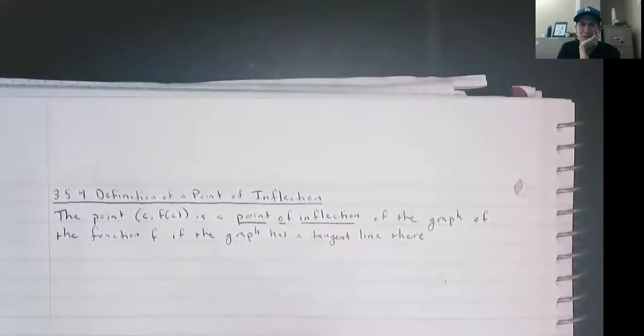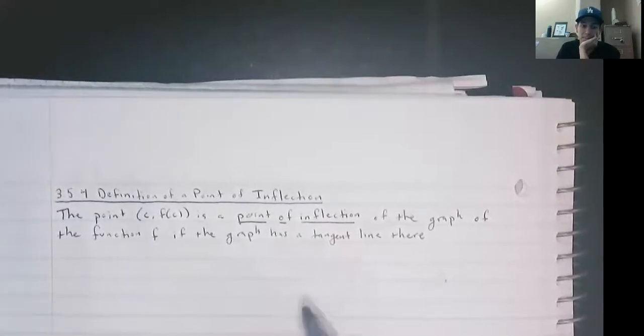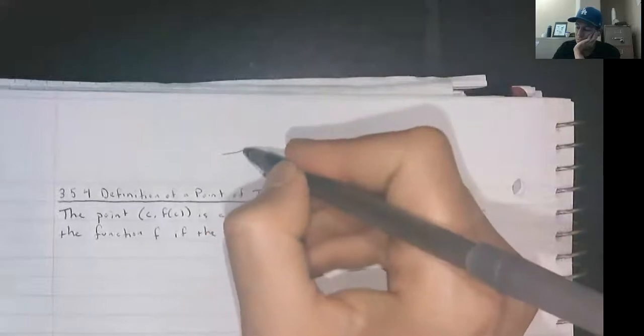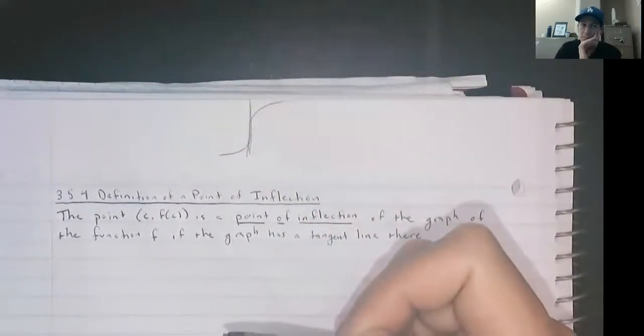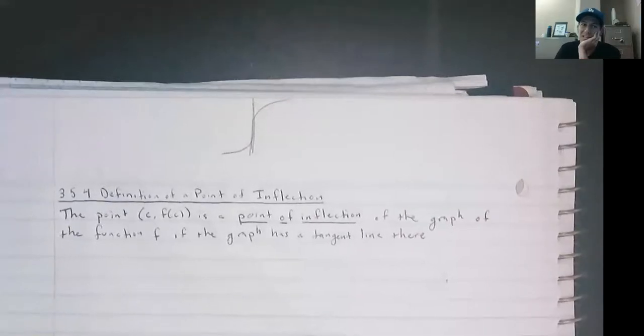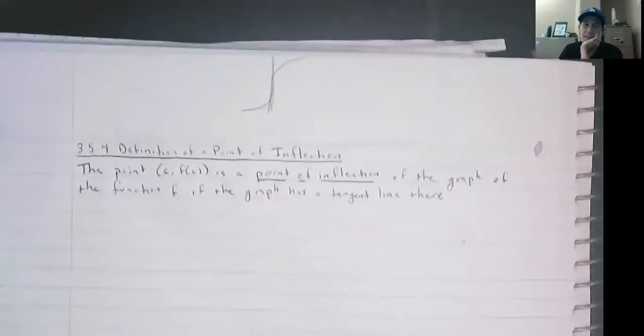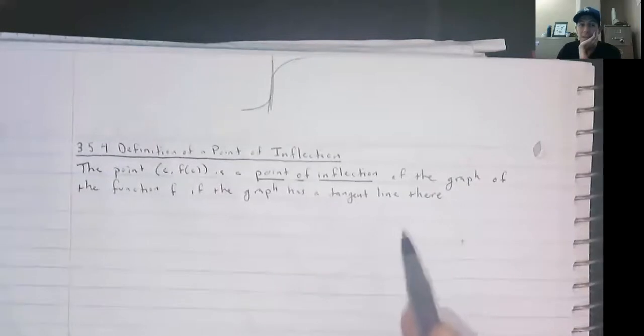What, Mr. Smith, you're talking crazy? No, I'm not. Oh, you dirty dog. The vertical tangent line. There's a tangent line there, but it's not differentiable. Just keep that in mind, it might come back. It could be a vertical tangent line, but it has a tangent line.